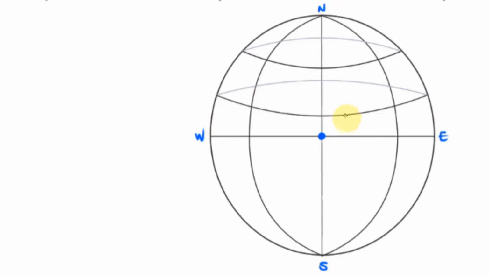So we append this as 12 degrees north, and then 11 degrees west. West is to this side, so this can be our 11 degrees west. That's the longitude. The intersection between the longitude 11 degrees west and the latitude 12 degrees north will have to be our point P.